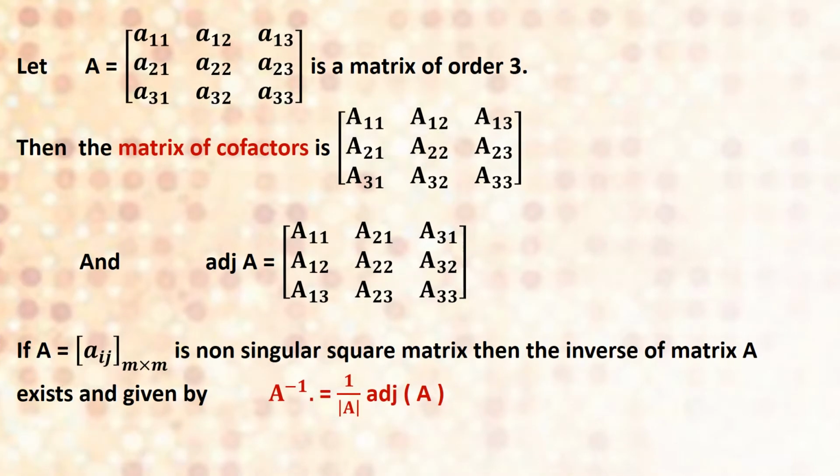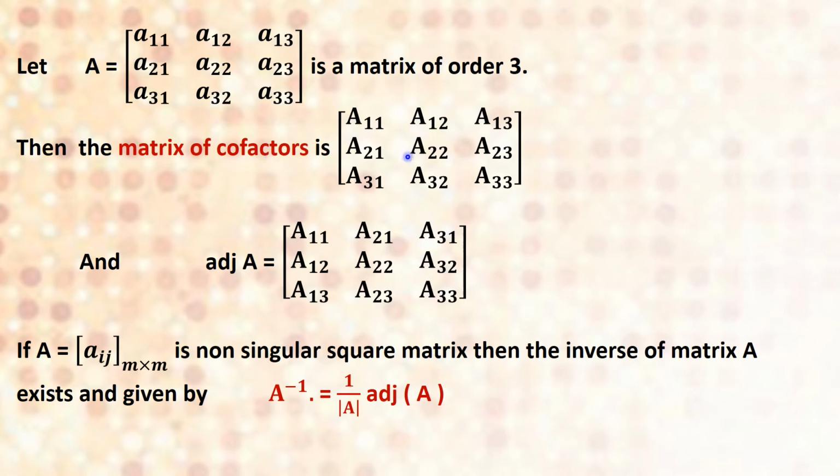Let us see the steps to calculate the inverse using the adjoint method. Let us consider a given matrix of order 3: A11, A12, A13, A21, A22, A23, A31, A32, A33. Now, matrix of cofactors.